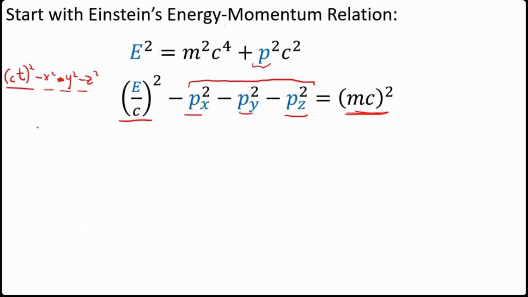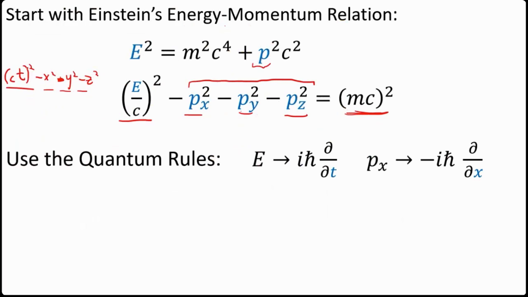So with the Dirac equation, or I guess it was the Klein-Gordon equation, people took this equation and they used the rules where you send energy to this operator and you send momentum to this operator. I still don't fully understand why those are true, but that's what you do in a quantum class.